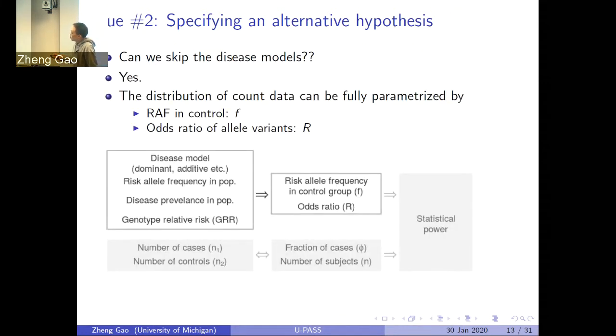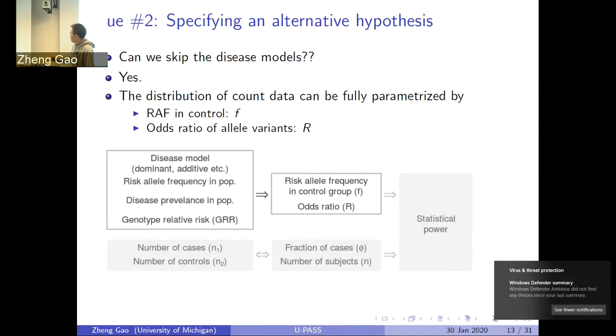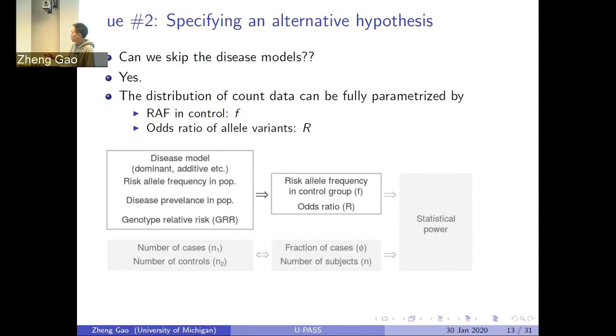So in a way, we went through the disease model, the risk allele frequencies in the population, and the prevalence, etc., so that we can derive a 2 by 2 table, which is fully parameterized by these 2 quantities. So why do we have to go through this? And the answer is no, we don't have to, right? To go through this part in order to get to the power of your analysis.